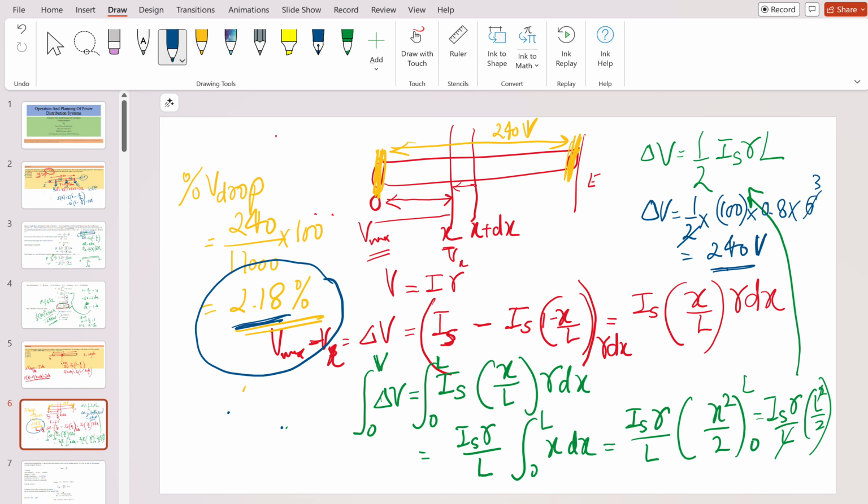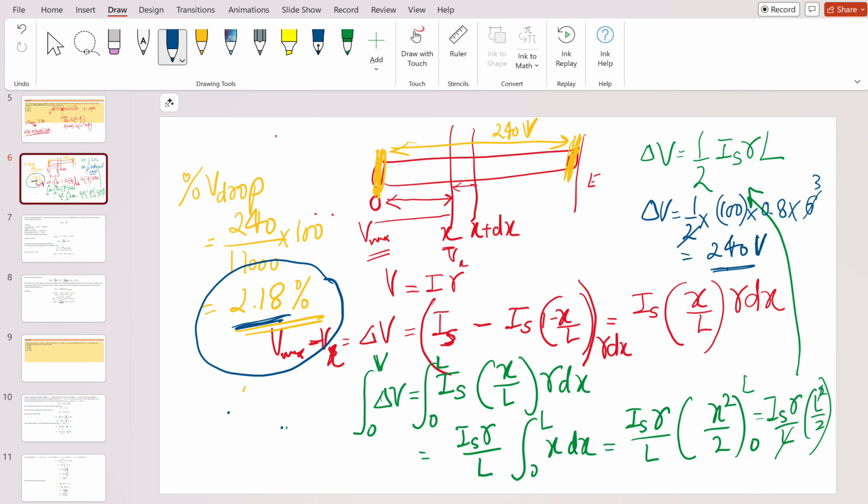So 2.18 is the voltage drop in one feeder line. What will be there in the three phase system? For the three phase system, there is a different derivation. Are you getting my point? What I have currently derived is the voltage drop in a single line, but the feeder being asked about is three phase, having three wires, and each will have the voltage drop.